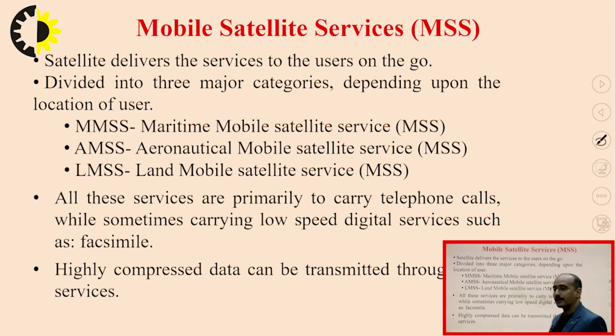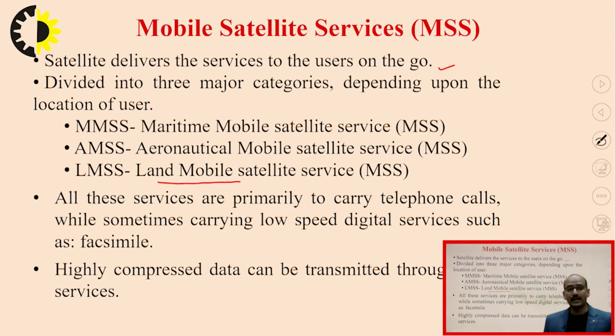The third service which is offered is mobile satellite service, for all the mobiles which you are using here. In mobile satellite services, you can understand that the satellite delivers the services to the user on the go. It means if you are moving from one place to another, you can use these types of services. It is divided further into three major categories depending upon the location of the user. If the user is located on land, you are using LMSS, which stands for Land Mobile Satellite Services.